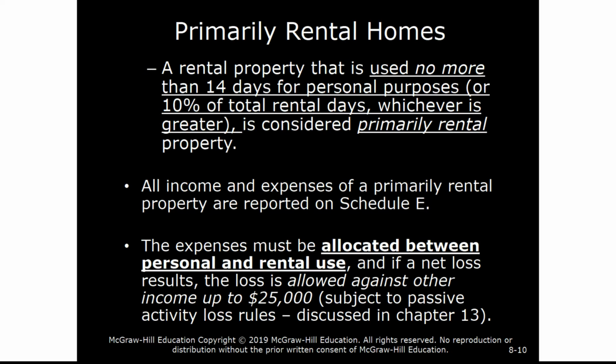There is an exception for lower income earners: if it's primarily used for rental and there's a loss, that is, the expenses exceed the income, then there is an allowance for certain lower income taxpayers to offset $25,000 worth of these passive losses against active income, such as earned income. Otherwise, without this exception, any passive losses incurred on renting vacation homes can only be used to offset passive gains.